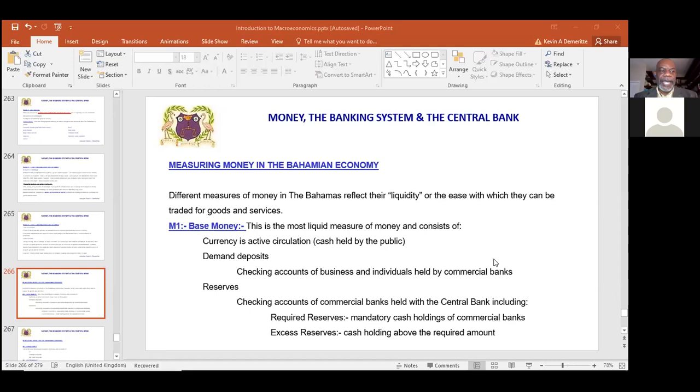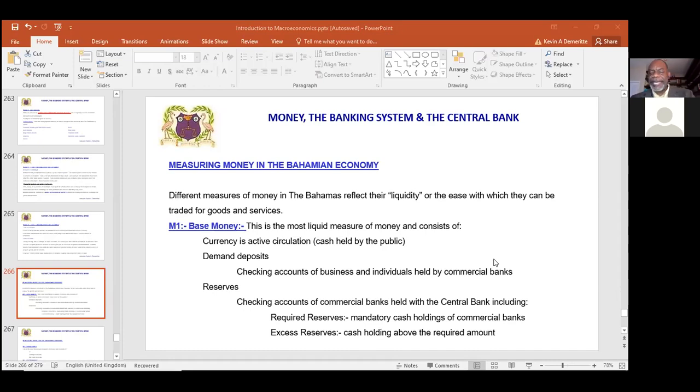And generally, banks hold only a limited amount in their own vaults for day-to-day transactions, because of course, their insurance only covers a certain amount if, heaven forbid, there is some sort of robbery. The central bank's insurance is significantly more because the security involved is significantly greater.